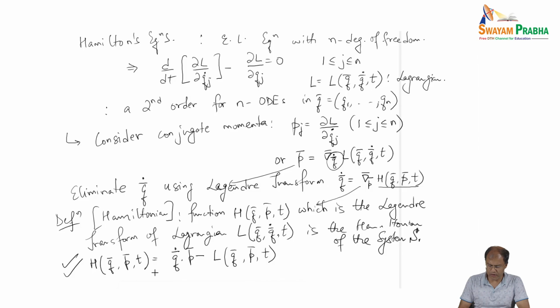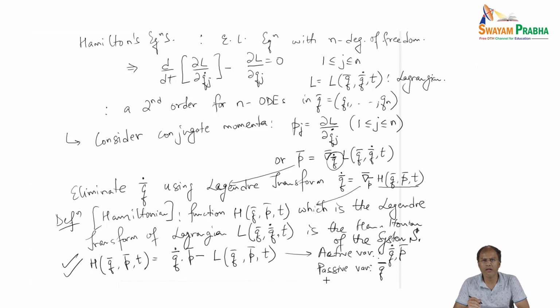Throughout this discussion, my active variables are both q dot and p, because q dot and p appear in these equations, and correspondingly our passive variable, which is not appearing explicitly in this equation, is q.